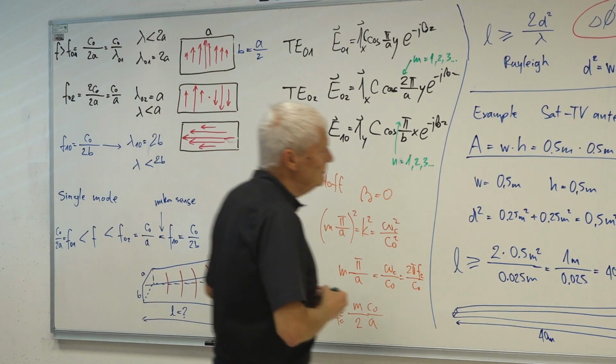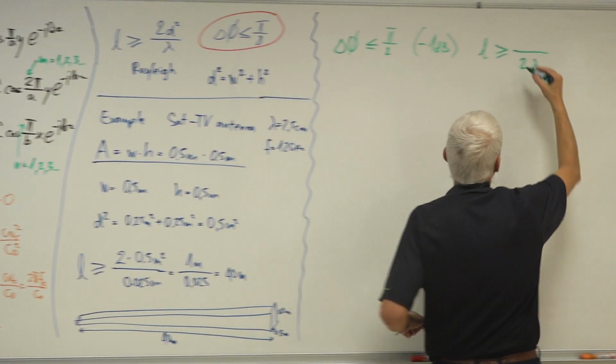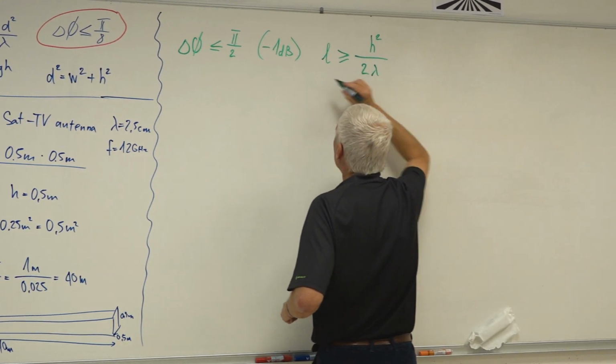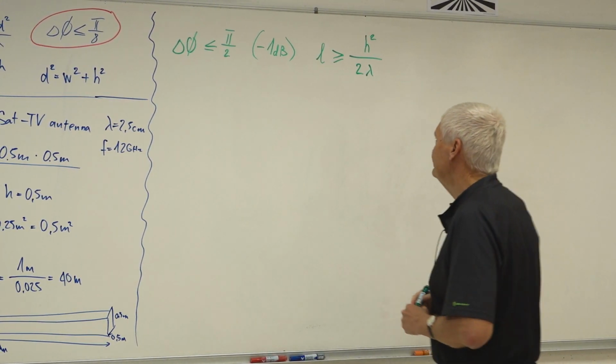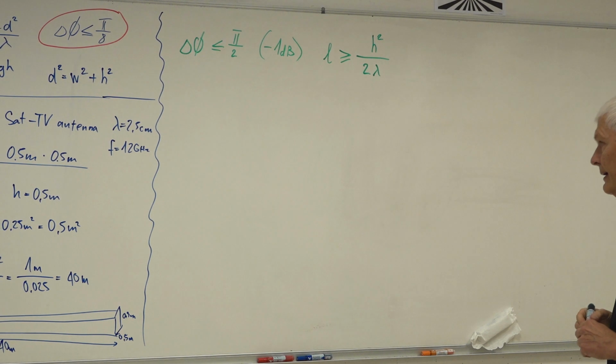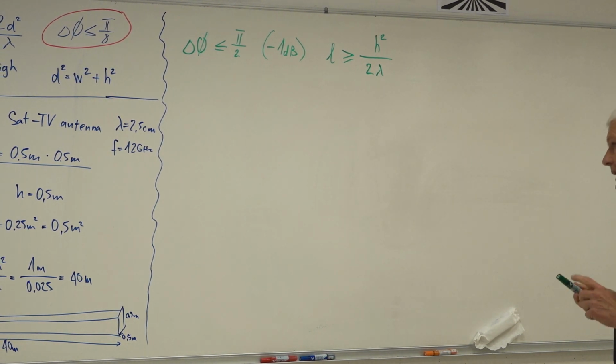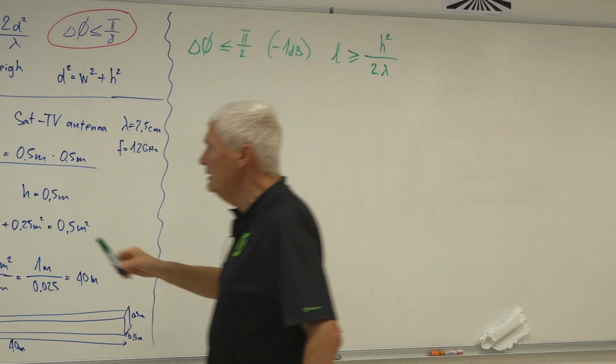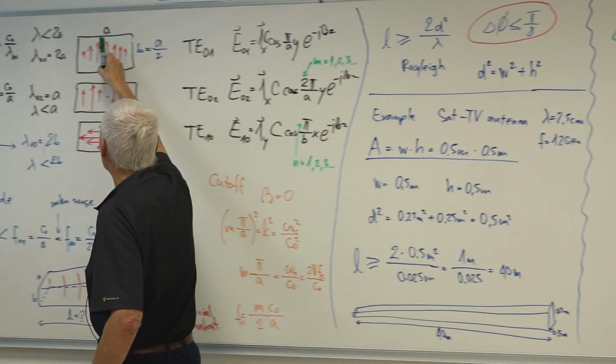So this is height. So height squared. And here I lose minus 1 dB. And in the other plane, in the H-plane, we have a constant field.